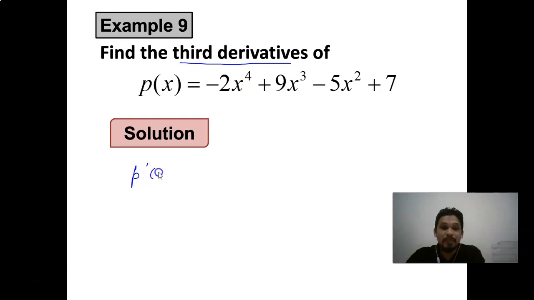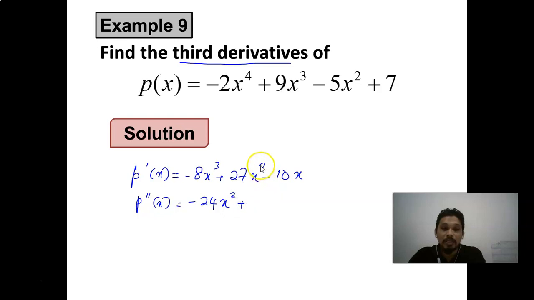So p prime x equals, slowly, 4 times negative 2, negative 8x cubed; 3 times 9, 27x squared; 2 times negative 5, negative 10x; and then 7 becomes 0. p double prime x: 3 times negative 8, negative 24x squared plus 27 times 2, 54x minus 10.